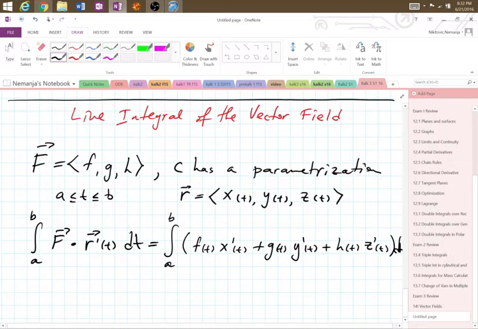If your dot product is given as F, G, H, which are the functions within your vector field, which is what we covered yesterday, and you have R, which is x, y, z, and R prime is going to be x prime, y prime, z prime, then the simple dot product between these two, first into first, second into second, and third into third.